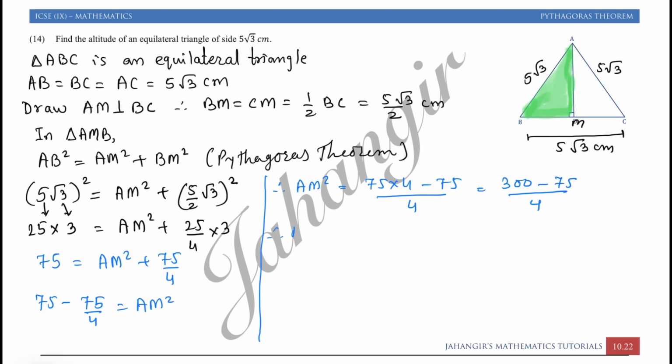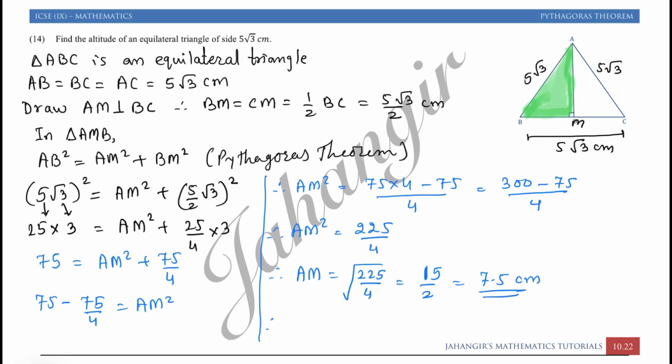So therefore AM square is equal to 225 upon 4. So therefore altitude AM is equal to square root of 225 upon 4, which is equal to 15 upon 2, that is equal to 7.5 centimeter.